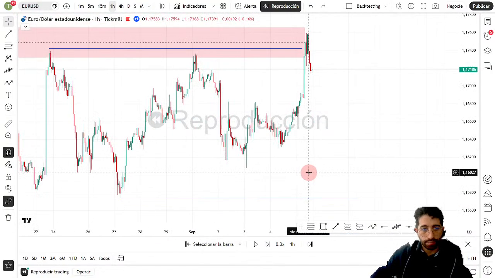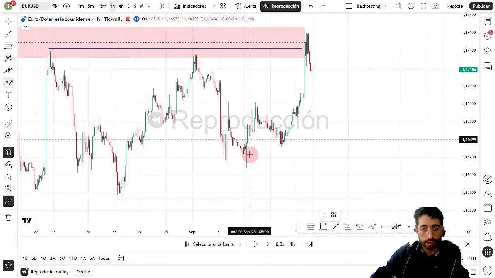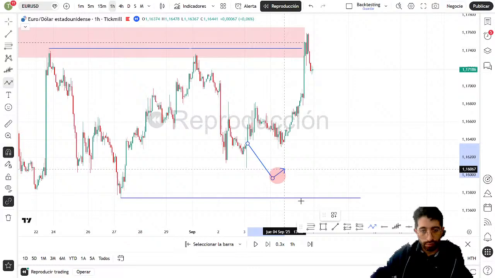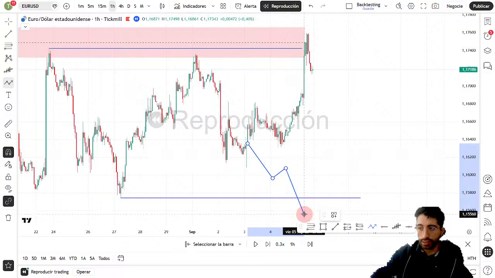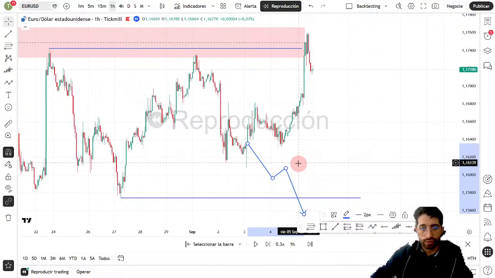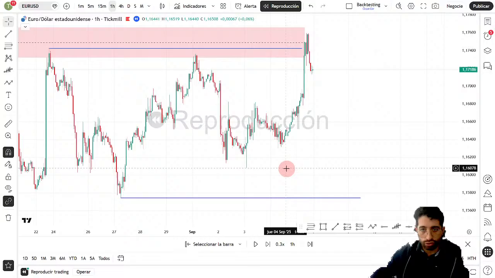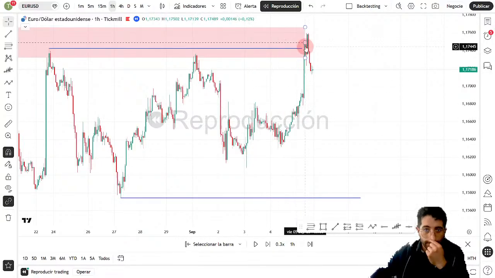It means that the price did not keep pushing down, right? And that means that it's changing the direction, right? So it just continued with the bullish impulse.